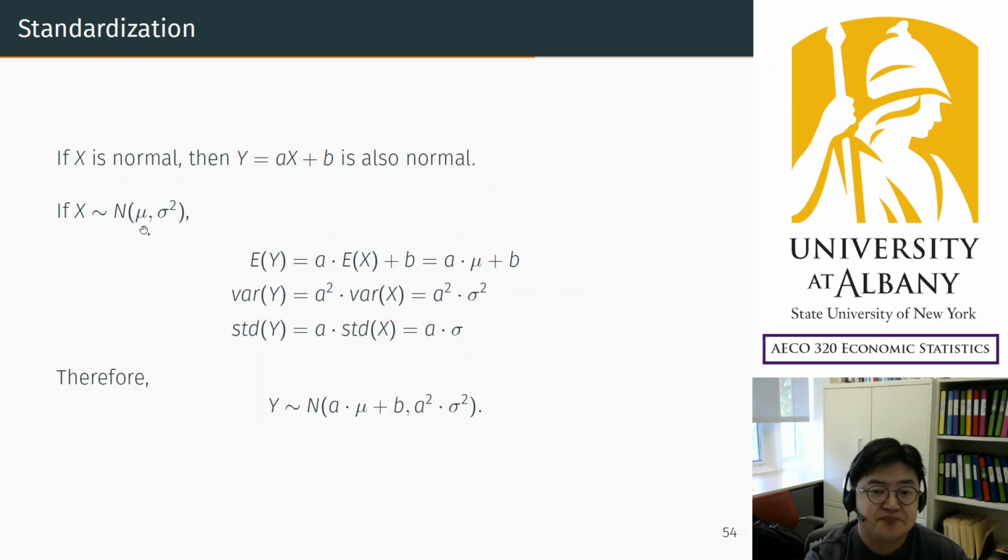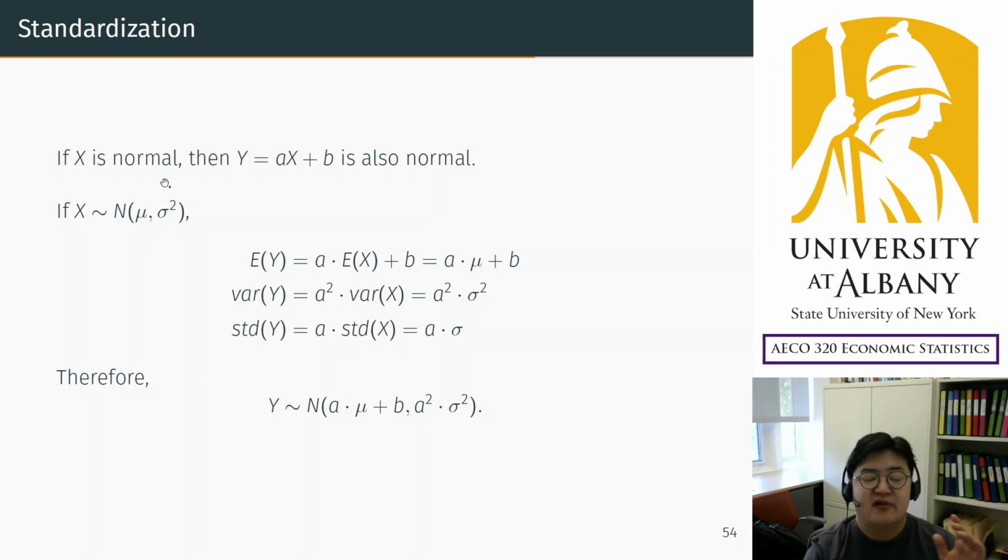For example, if x is normally distributed, another amazing property of the normal distribution is that a linear transformation of a normal distribution is also normal. This is not true for many other distributions, like the binomial distribution. It does not work. Binary, of course, does not work, and many other distributions do not allow this kind of seemingly obvious result. This seemingly obvious property is actually a very rare and precious property.